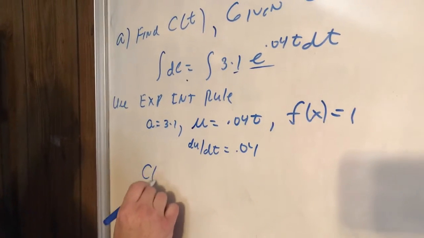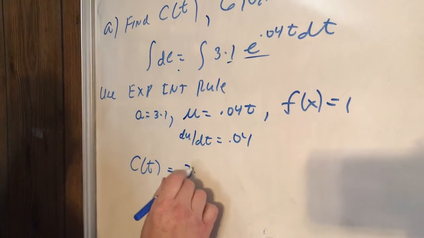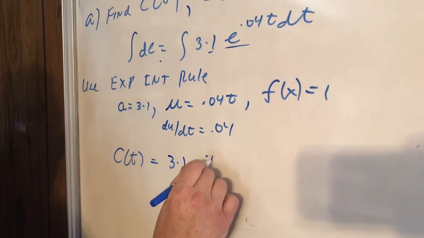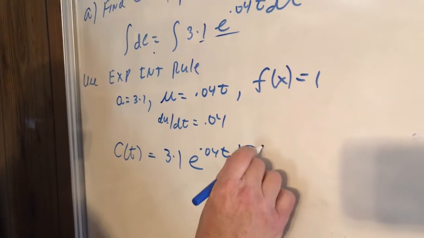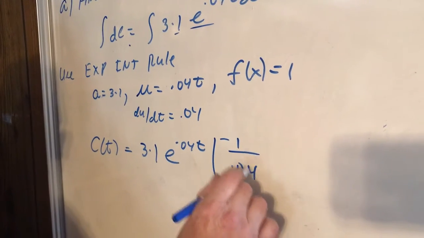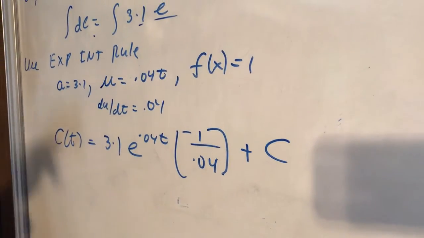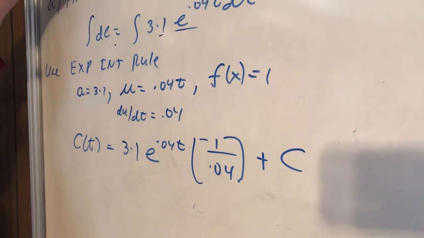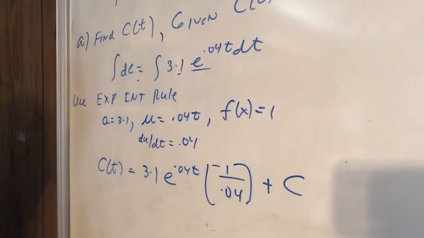So C(t) equals 3.1 e to the 0.04t, times 1 over 0.04, plus c. This is not a definite integral because they don't give me an integration range, so we have a c.